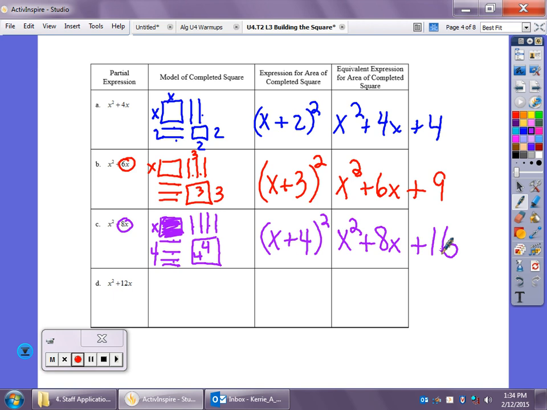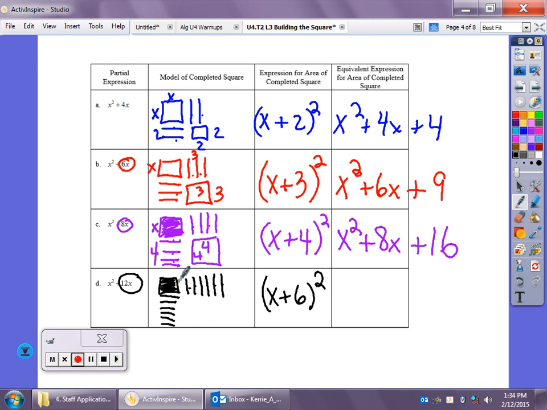Last one. Okay, so I have 12 pieces. So I have my x squared. 1, 2, 3, 4, 5, 6, 7, 8, 9, 10, 11, 12. When I divvied up the 12, 1, 2, 3, 4, 5, 6 in each direction.